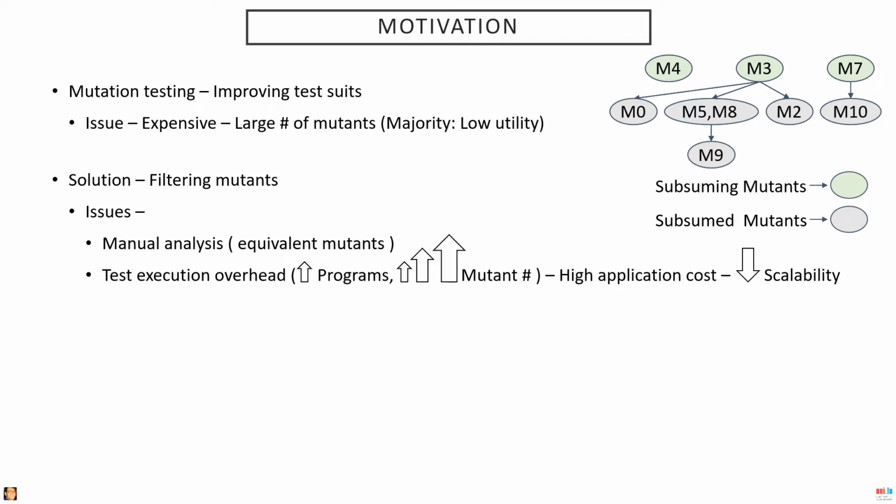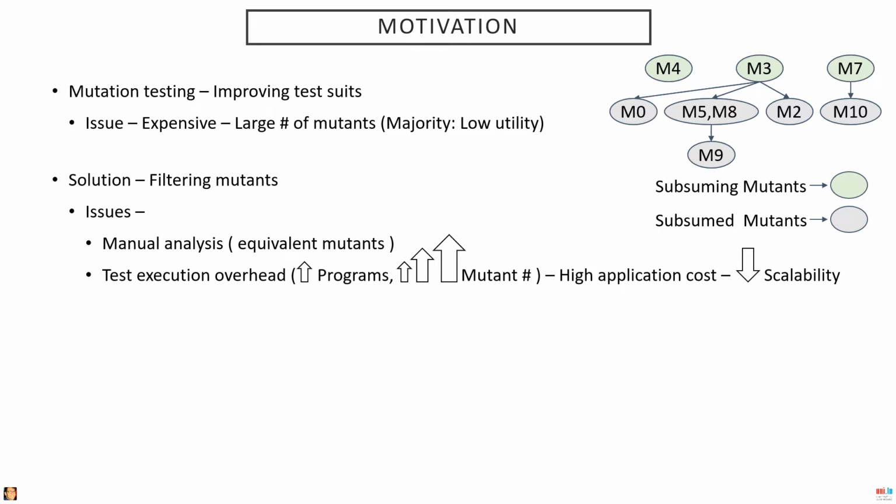Since we do not know the subsumption hierarchy of mutants in advance, filtering mutants involve a lot of effort to be put in terms of manual analysis and test execution overhead.